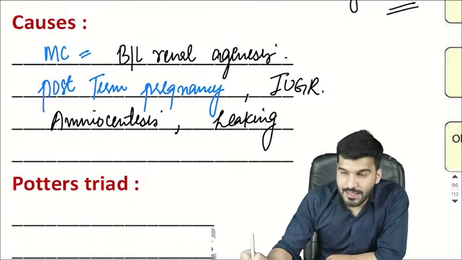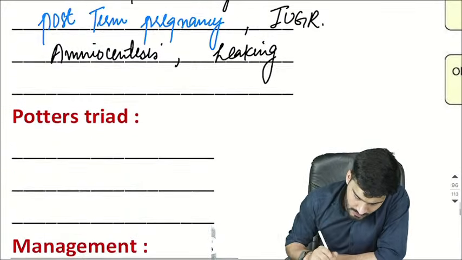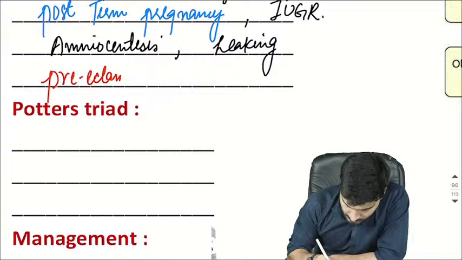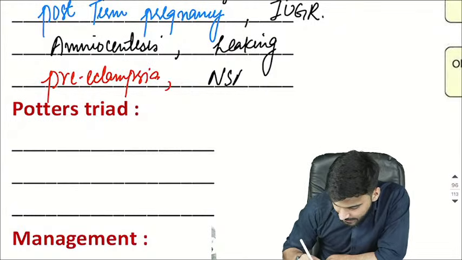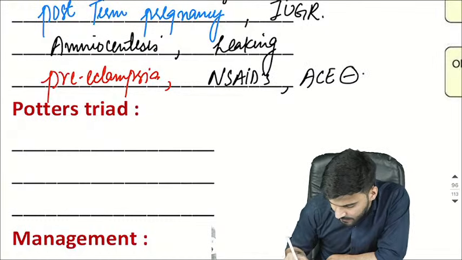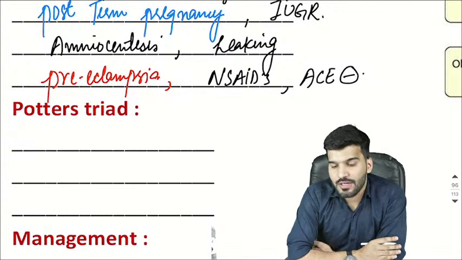Also, when there is a decreased blood supply to the kidneys in preeclampsia, it will also lead to decreased GFR. So we have also preeclampsia as a cause of oligohydramnios. Or we have drugs like NSAIDs, or ACE inhibitors. All these are the causes for oligohydramnios, or posterior urethral valve.